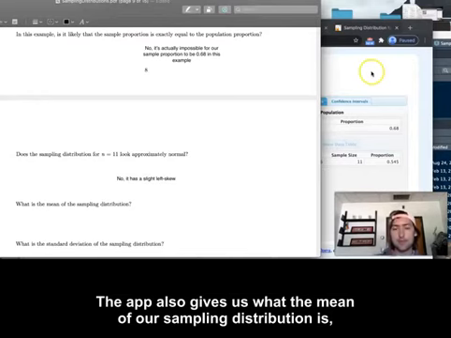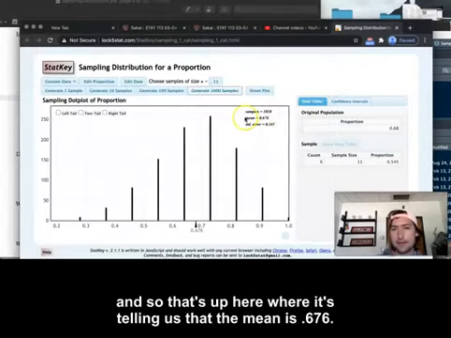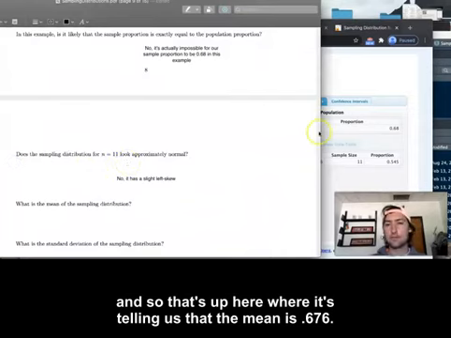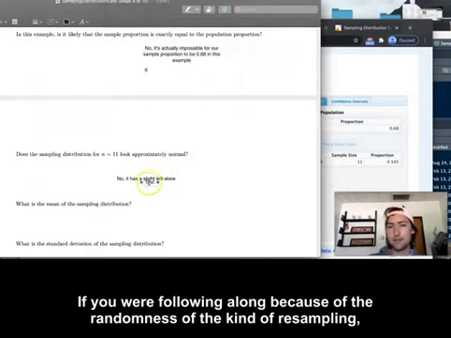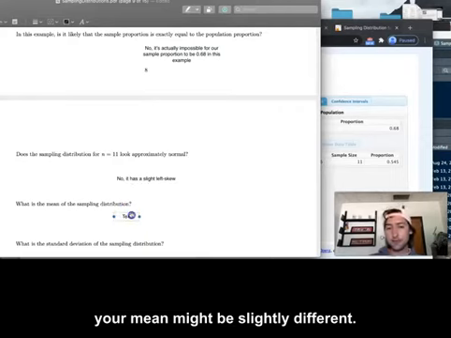The app also gives us the mean of our sampling distribution, and that's up here where it's telling us that the mean is 0.676. If you were following along, because of the randomness of the resampling, your mean might be slightly different.